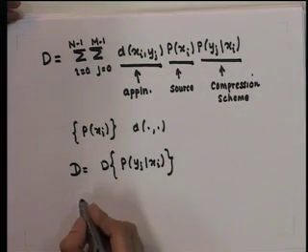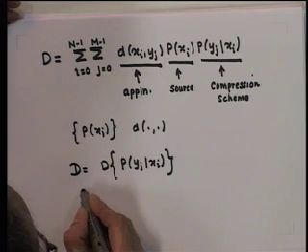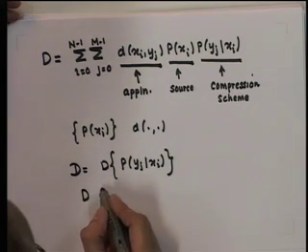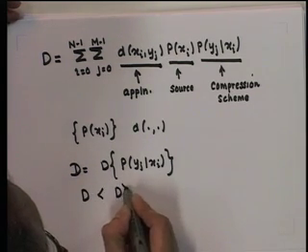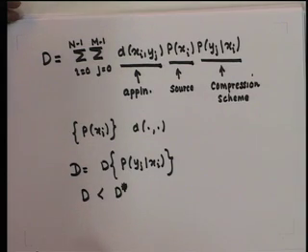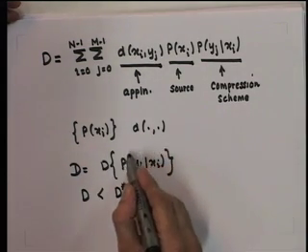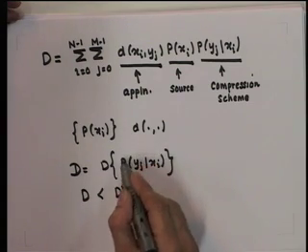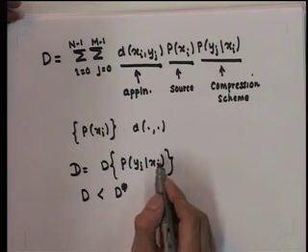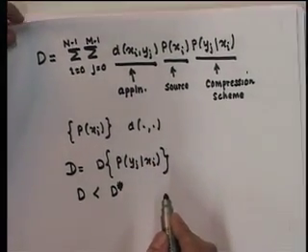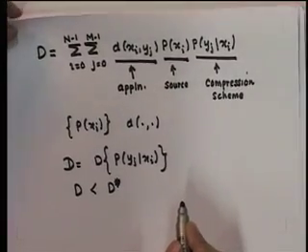Therefore, we can write the constraint that the distortion D be less than some value D star as a requirement that the conditional probabilities for the compression scheme belong to a set of conditional probabilities that have the properties as follows.